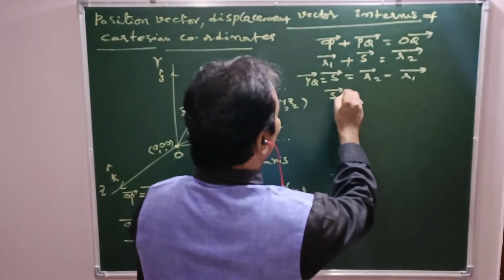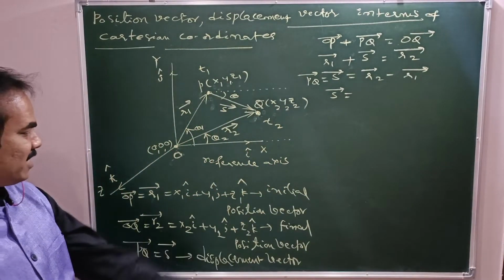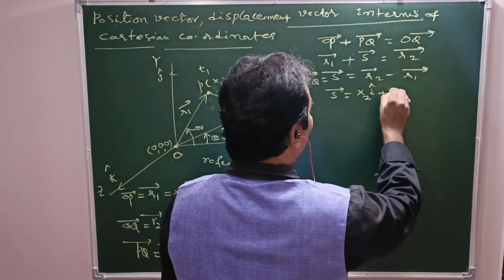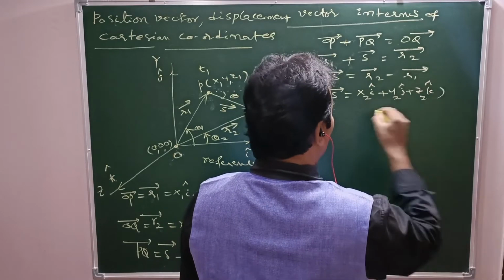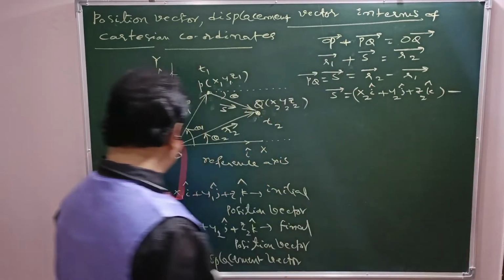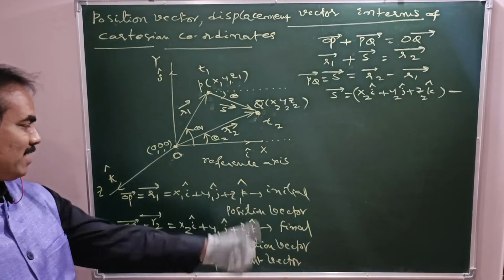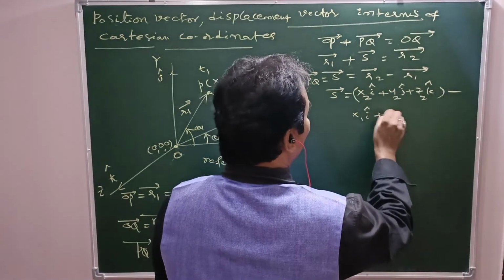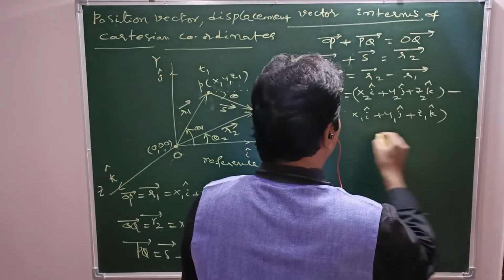So S bar equals R2 bar. What is R2 bar? x2 i plus y2 j plus z2 k, minus, what is R1 bar? R1 bar means x1 i plus y1 j plus z1 k.